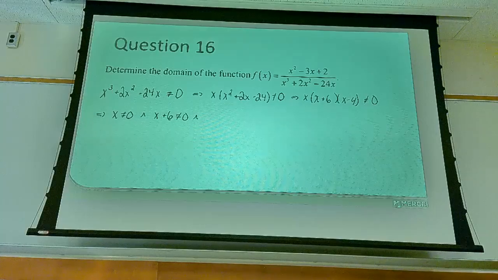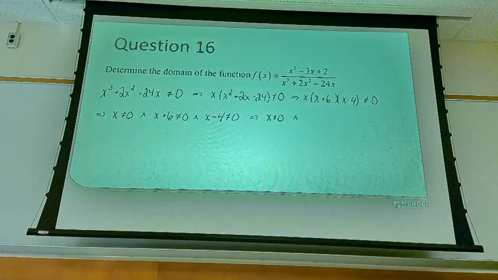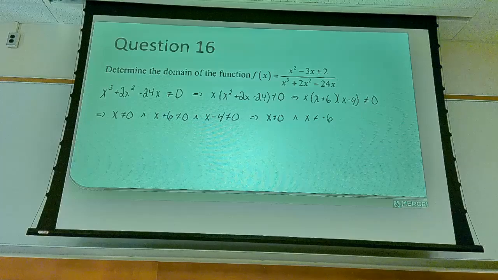All right, so instead of ors, it's now ands. So we get x can't be 0, x can't be -6, and x can't be 4.